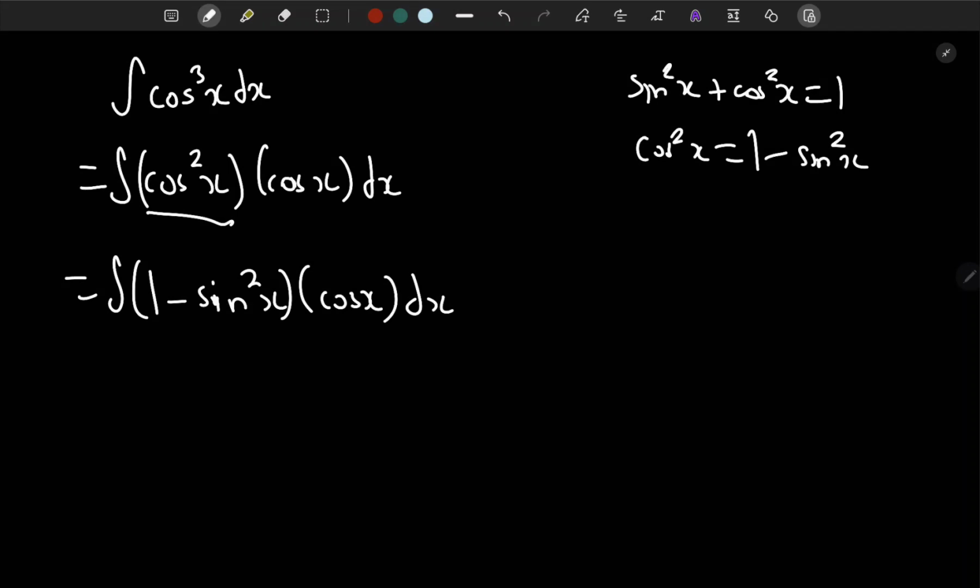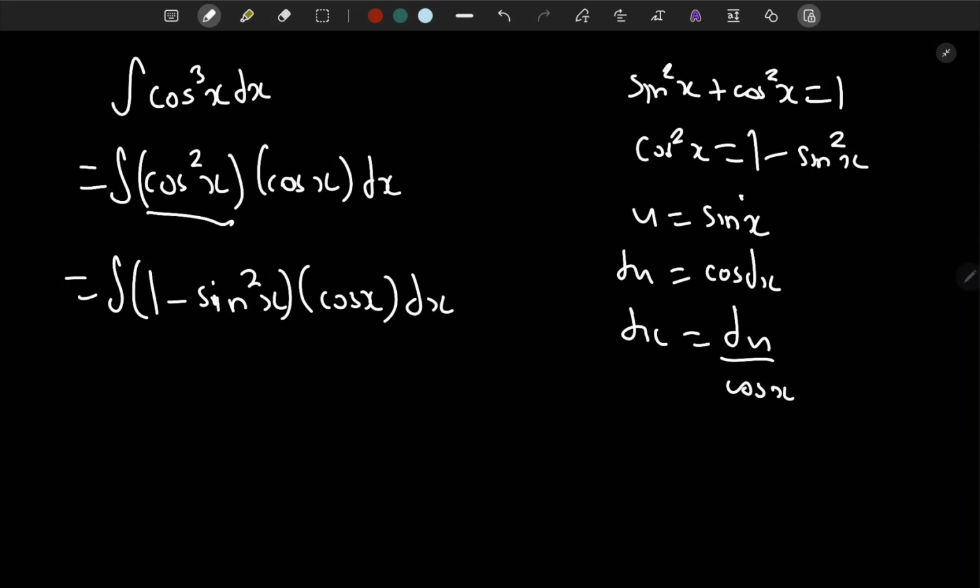Now we can choose something as u such that the derivative of u cancels out cosine x. So if we choose sine x as u, du is going to be cosine x dx, and if we replace dx with du over cosine x, this is going to cancel out with this.